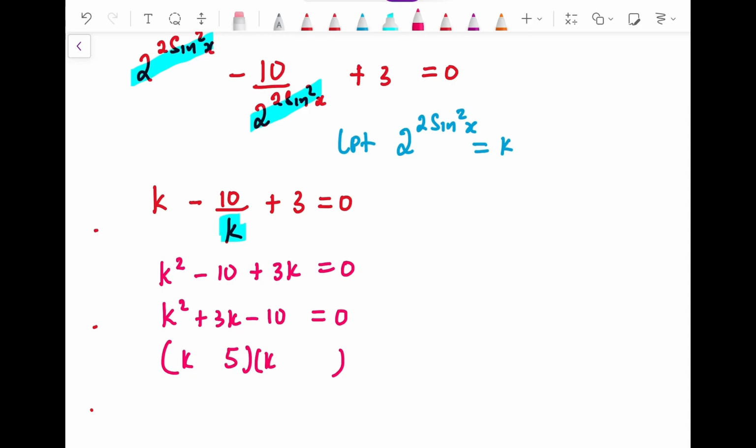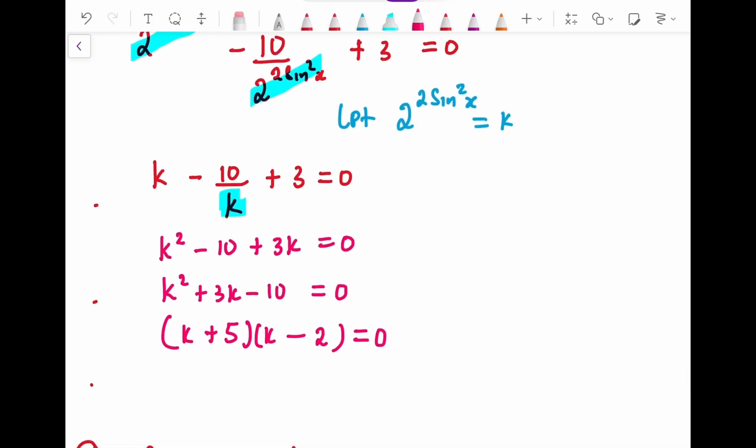So we have 5 and 2. Signs are different. Bigger number will correspond with the middle term. So it's a plus and minus is equal to 0. So that means our k is equal to negative 5, or our k is equal to 2.